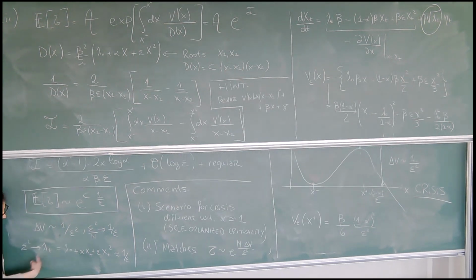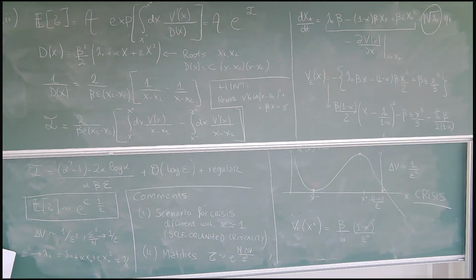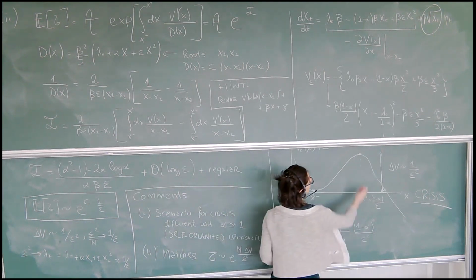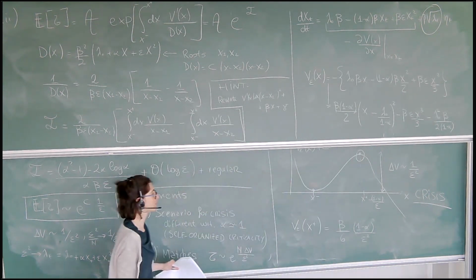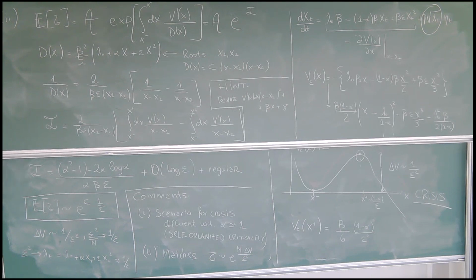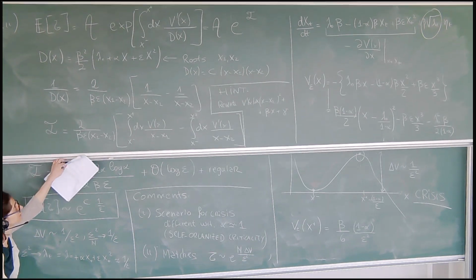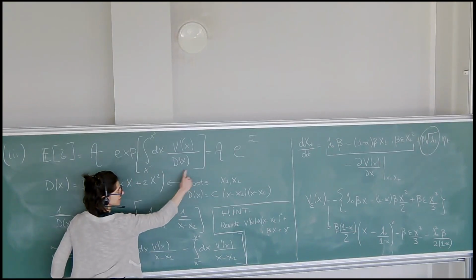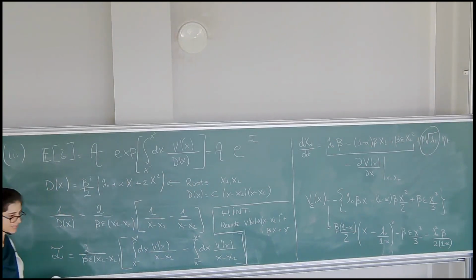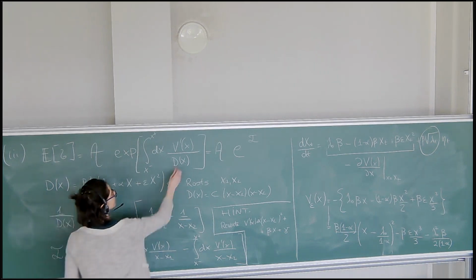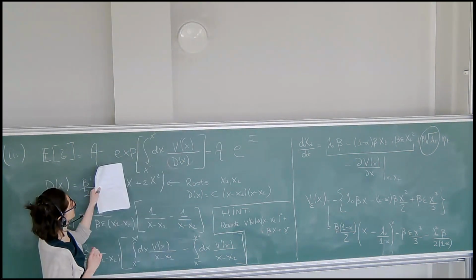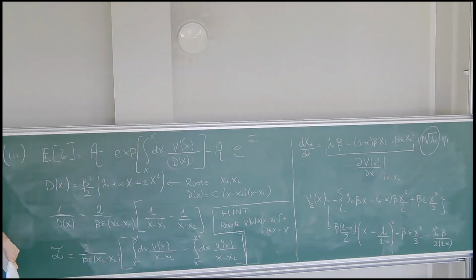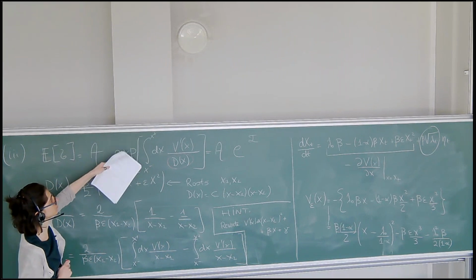Now, this is not quite the right argument, because the noise changes all along the potential. So to recover the scaling, I computed it only at the barrier. But what you have to do properly is precisely what I sketched in here. You really have to compute this integral all over your path. What I'm saying is that if your noise is constant, you could bring it out of the integral, and then you just have the integral of a derivative, which gives you the difference of the potential at the two points.